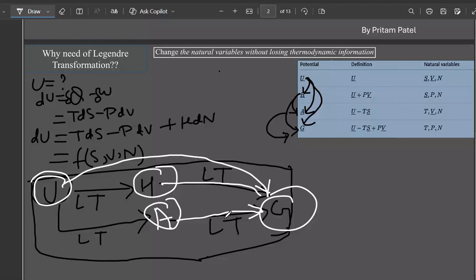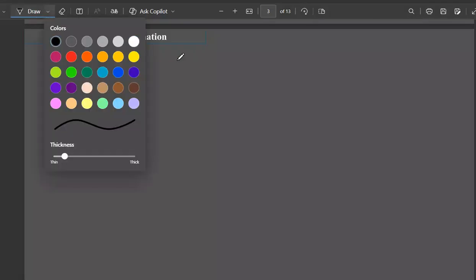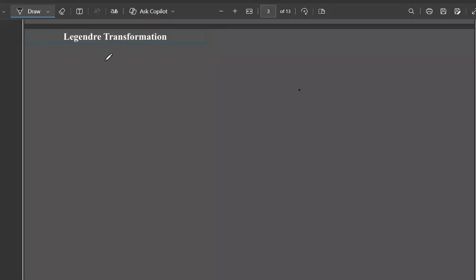So now we move on to how to use the mathematical tool of the Legendre transformation. In this chapter, first of all we assume that there is a function y0 which is a function of x. Here we have a plot of the y-axis, something like this.